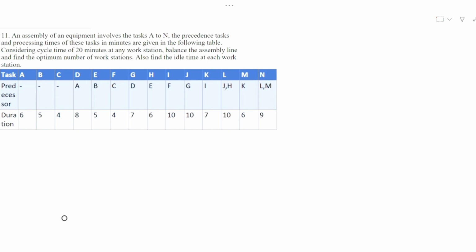Considering cycle time of 20 minutes at any workstation, balance the assembly line and find the optimum number of workstations. Also find the idle time at each workstation. So this is the assembly line question. So here first we will draw our task.